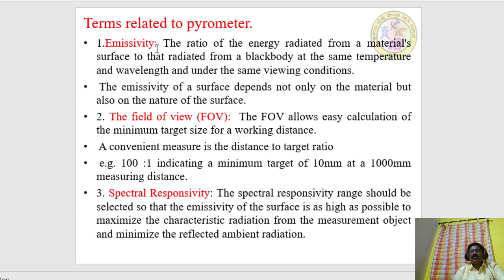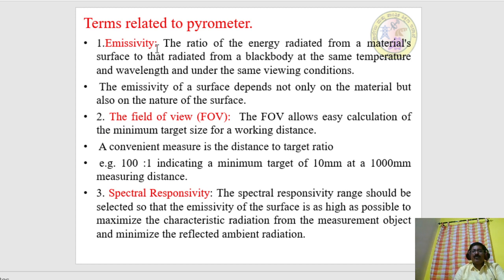The ratio of energy radiated from a material's surface to that radiated from a black body at the same temperature and wavelength under the same viewing conditions, we can call as emissivity. Emissivity depends not only on the material but also on the nature of the surface.